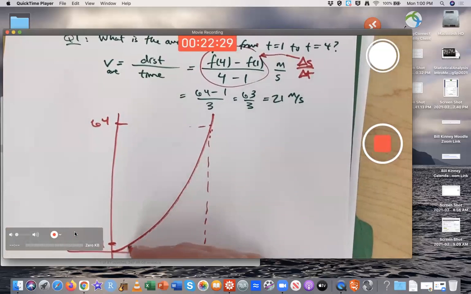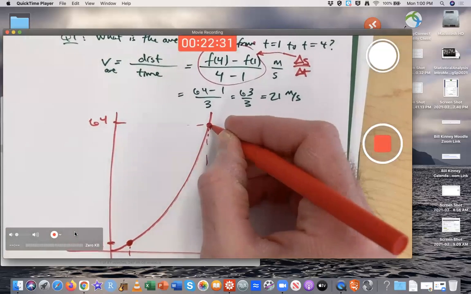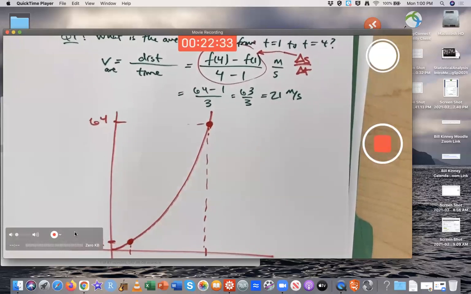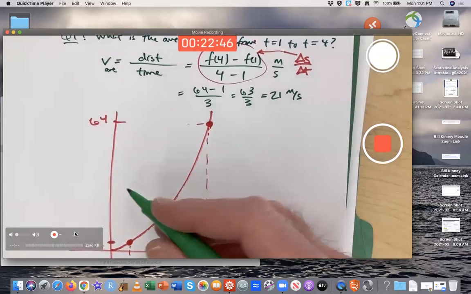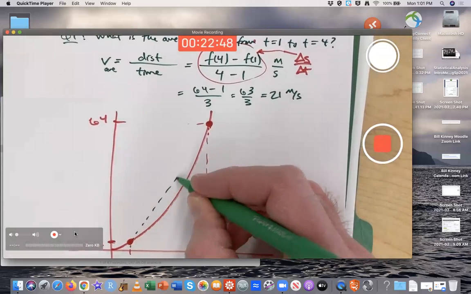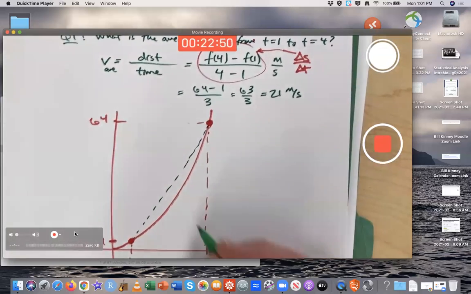Here's a big hint. Draw a line connecting the points, the straight line. It's supposed to be straight.